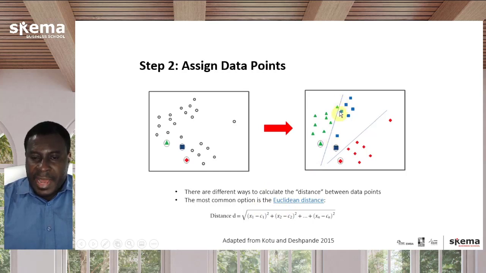Based on that calculation, each of these points is assigned its cluster based on the centroid to which it's closest. So that's step 2. Now, when you look at these, this doesn't necessarily look like a very satisfactory cluster solution, but we're just getting started.